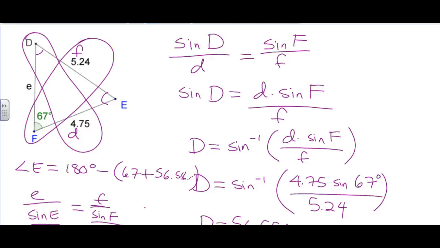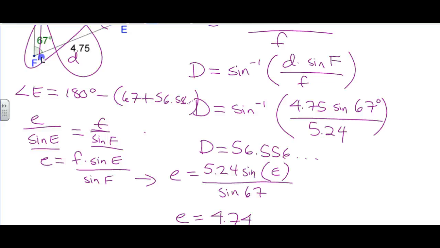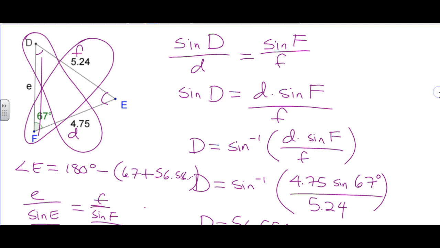So first off, does that make any sense? Well, okay, D was 56.55. This angle here was 56.44. This angle is slightly bigger than this angle.